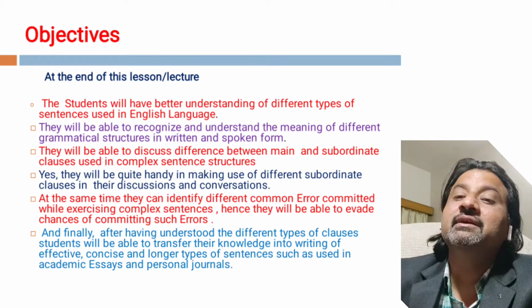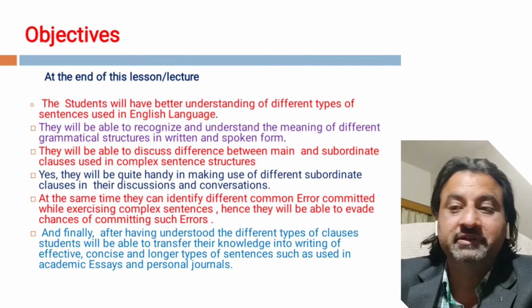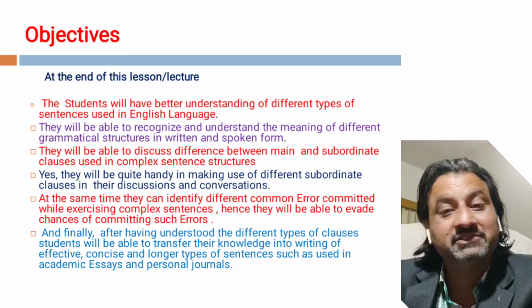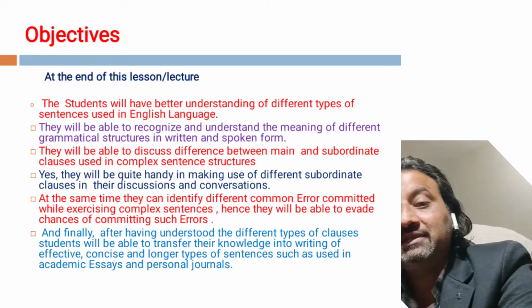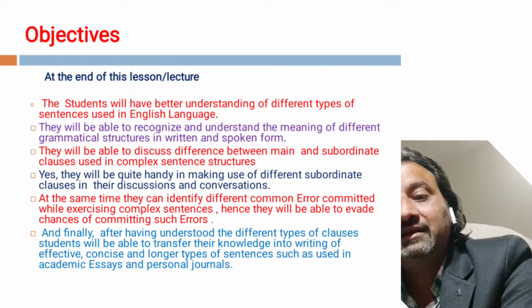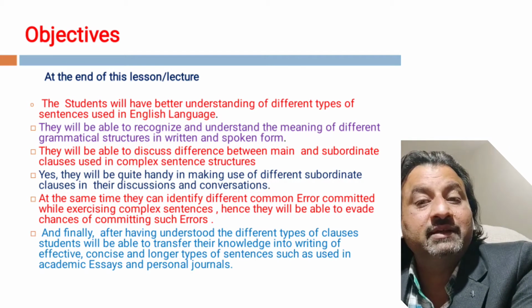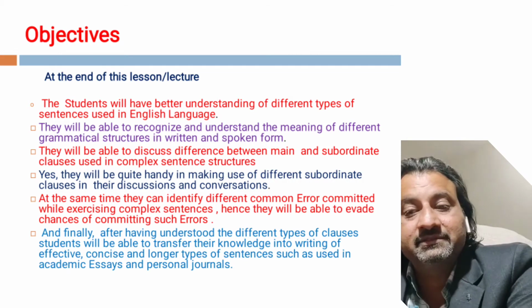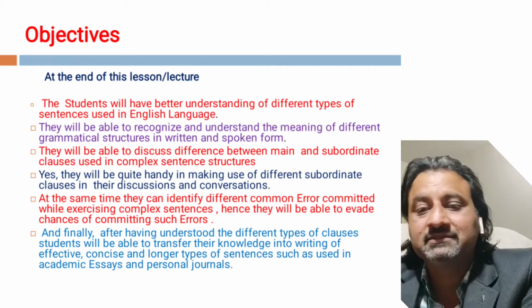They will be quite handy in making use of different subordinate clauses in their discussion and conversation. At the same time, they can identify different common errors committed while using complex sentences. Hence, they will be able to evade chances of committing such errors.